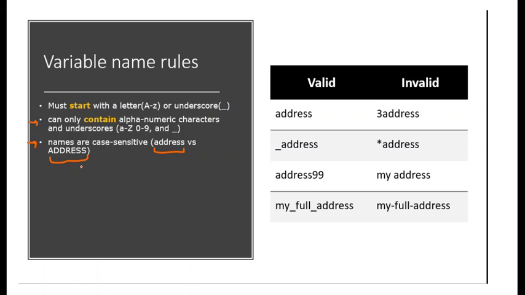Now let's see the examples in this table here. So the first variable, address, complied with the first rule, right? Because it started with a letter or underscore. So that checks out. Second rule, it can only contain alphanumeric characters and underscore.